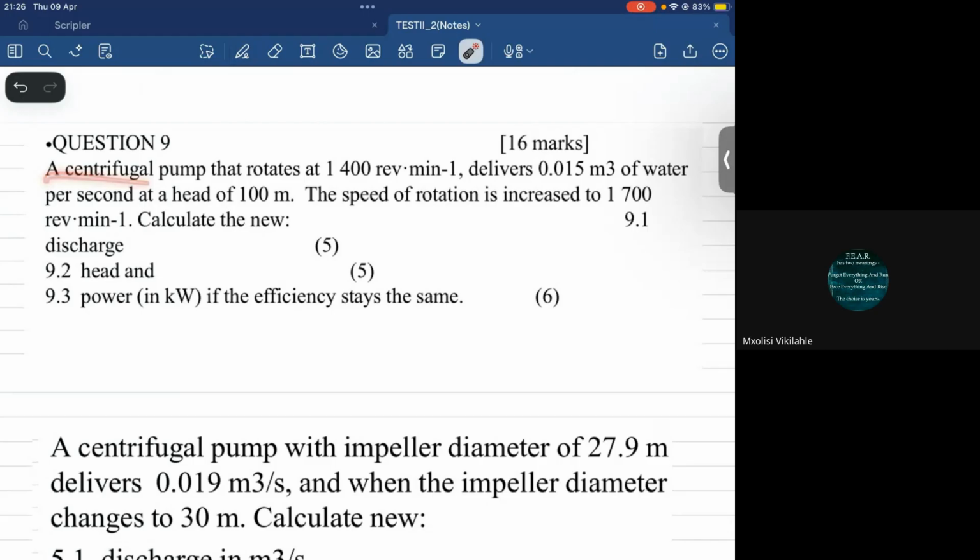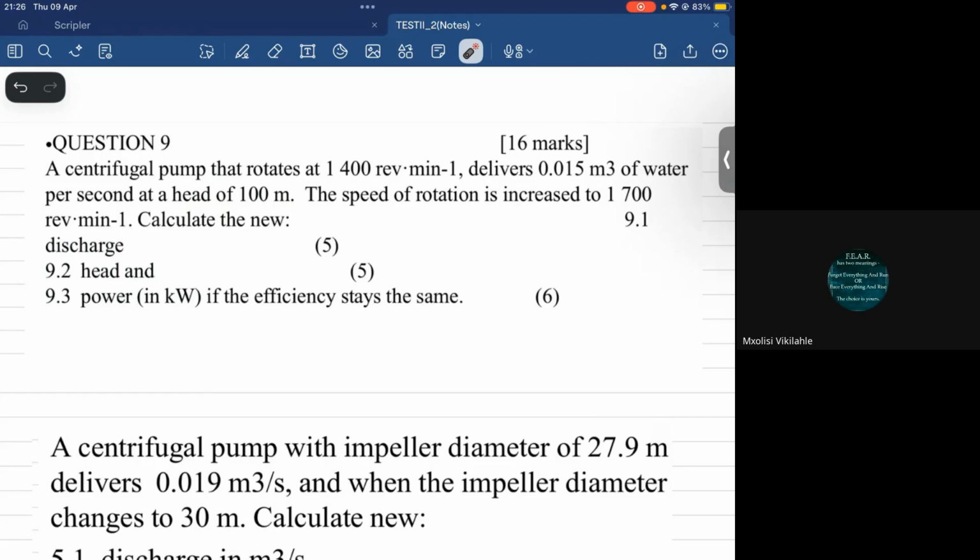So in question 9 here, they're saying that a centrifugal pump that rotates at 1,400 revolutions per minute delivers a capacity of 0.015 cubic meters of water per second at a head of 100 meters.